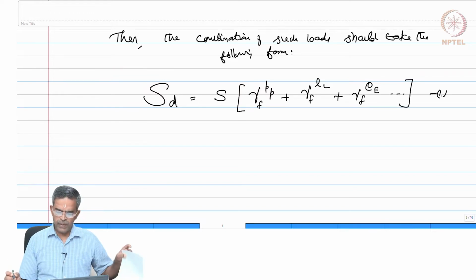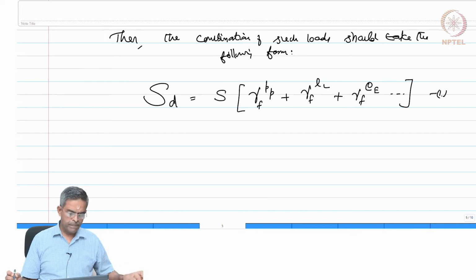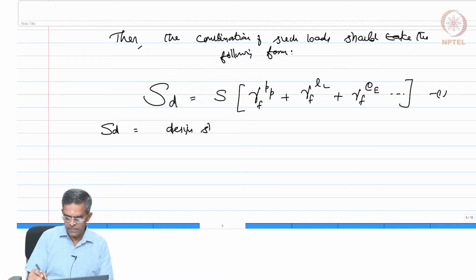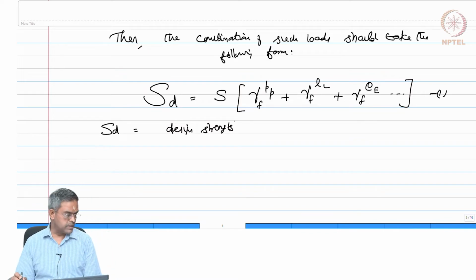Let us try to explain what we understand by these symbols. So, in this SD refers to the design strength which we want to incorporate in the design.